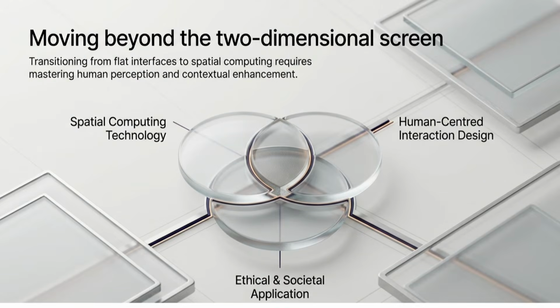So, we are moving beyond the 2-dimensional screen, we are transitioning from flat interfaces to spatial computing, and that requires mastering human perception and contextual enhancement. So, this comes in 3 flavors. We need the spatial computing technology, we need human centered interaction design, and we also need ethical and societal applications. So, when we combine all of them, we can then move away from the screen into spatial computing regimes.